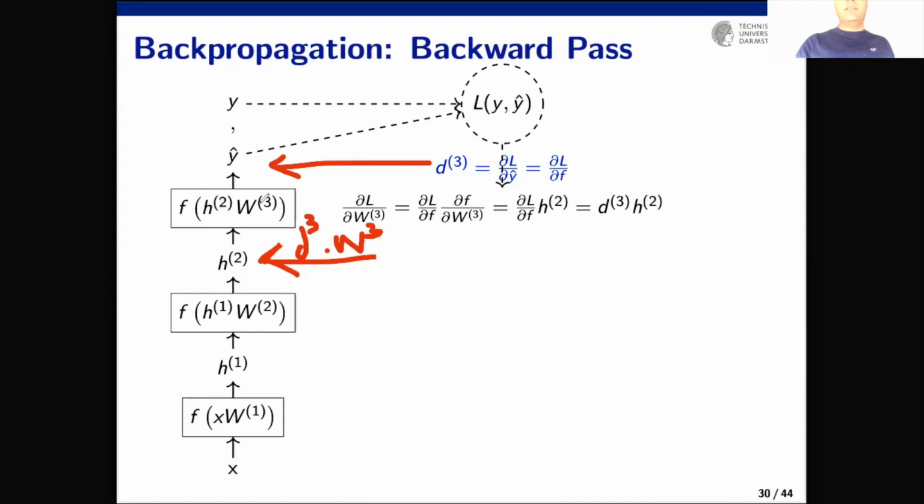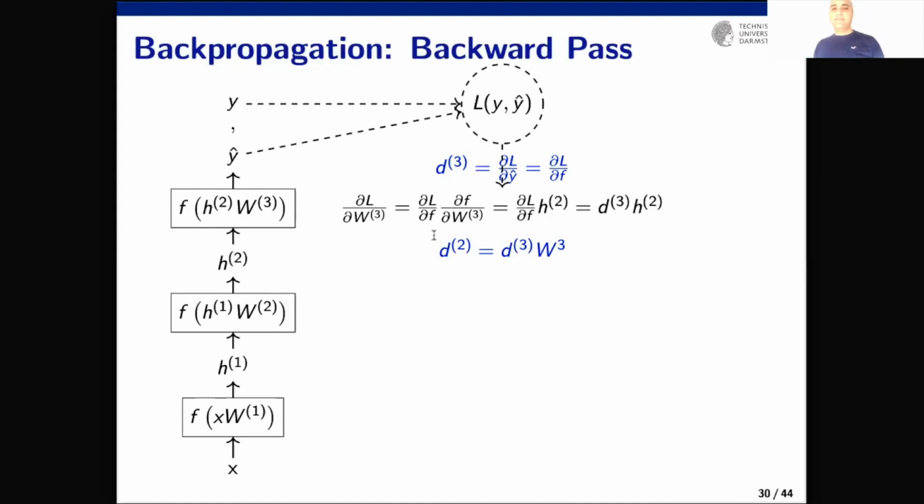Because the weight is here, D3 is the input, so this layer multiplies that by W3 and it gets H2, right? So, perfect. Let's go to the next step. Let's assume that we save D3 multiplied by W3 into variable D2.